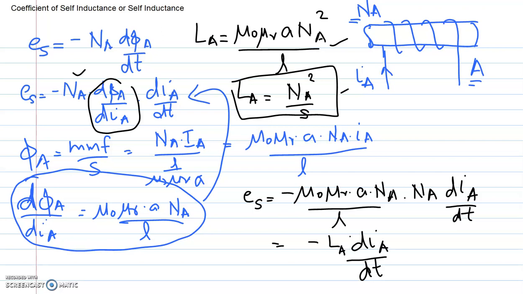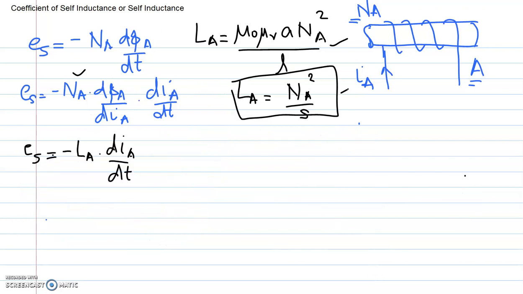This can also be written in another format. We already have these two equations, equation number 1 and equation number 2, which were derived at the end. Now comparing these two equations, this factor is the same, this factor is the same. So I can compare these two parts of equation number 1 and 2.